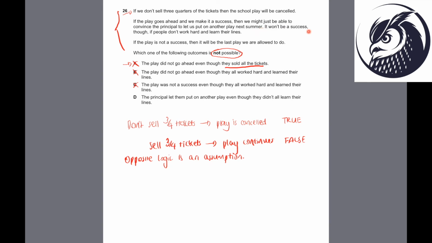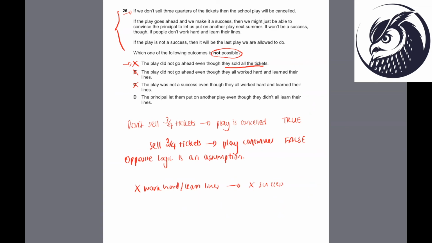We know it won't be a success if people don't work hard and learn their lines. Let me just put that into a flowchart. If they don't, so cross meaning don't, they don't work hard or learn their lines, then we know that it won't be a success, so cross for success.